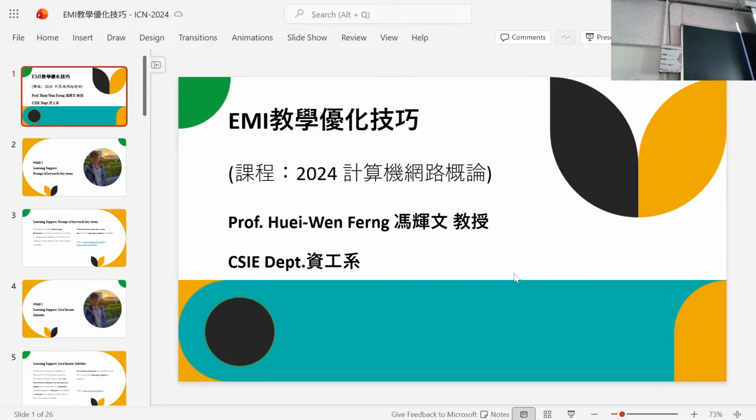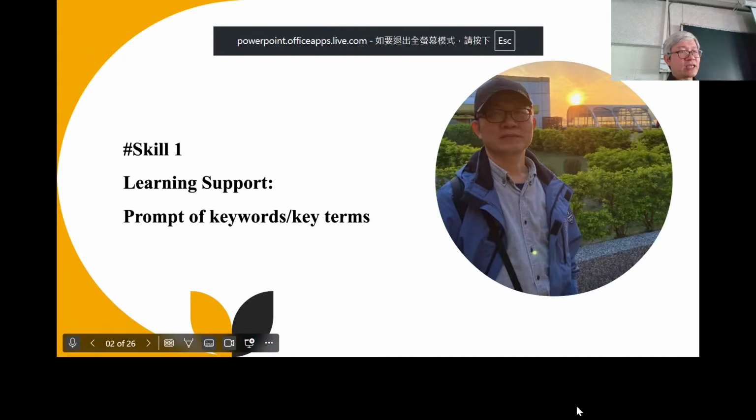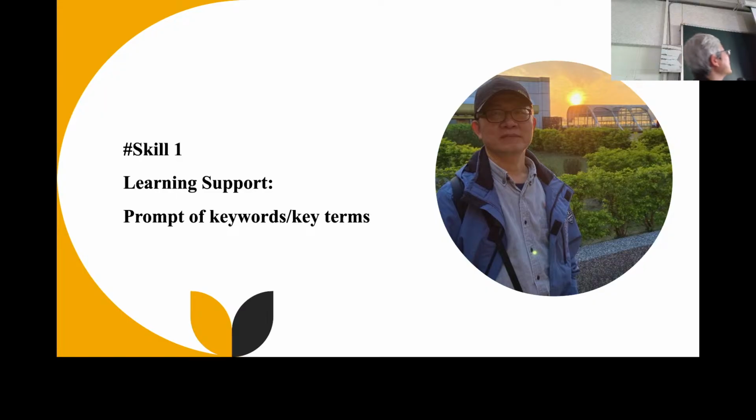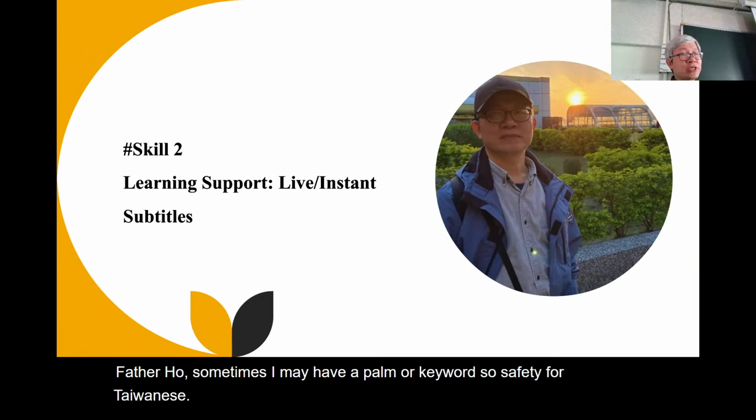For this purpose, I have a proposal for how I optimize the EMI teaching skills. Actually, those are for the Chinese version, using another course called Introduction to Computer Networks. So here, first of all, sometimes I may have a prompt of keywords specifically for Taiwanese using the Cambridge Dictionary.